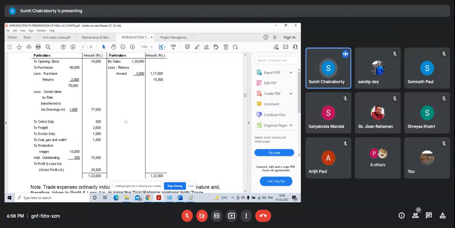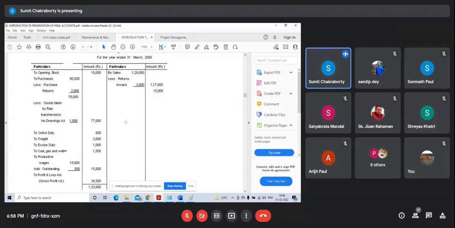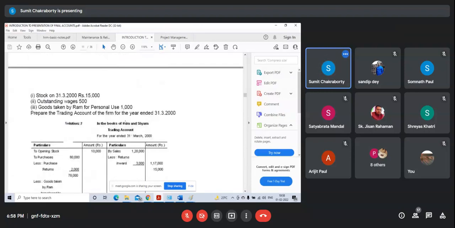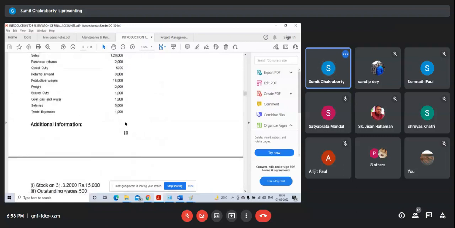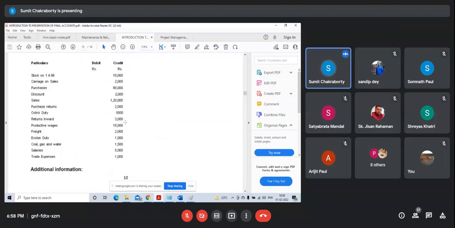So discount is not allowed. This discount is not a purchase discount, it's a sales discount. So it's a part of profit and loss. In the trading account, only sales and sales returns are included. Nothing else is included.